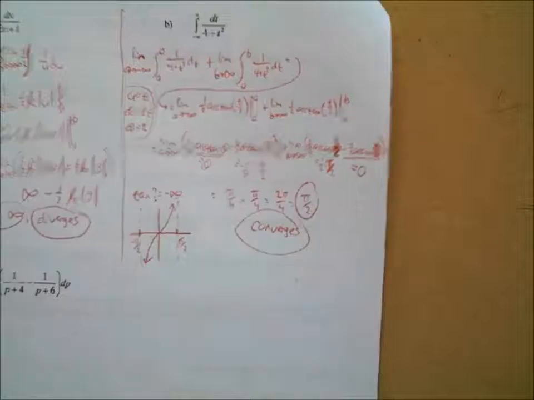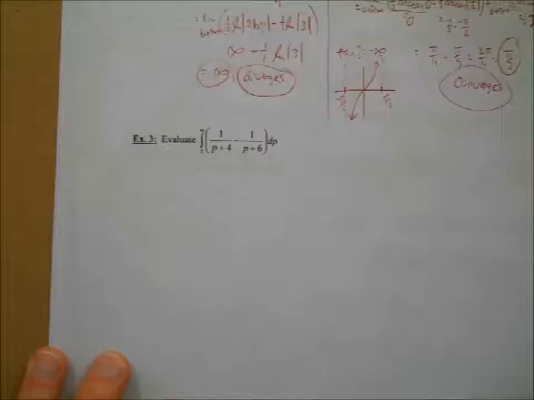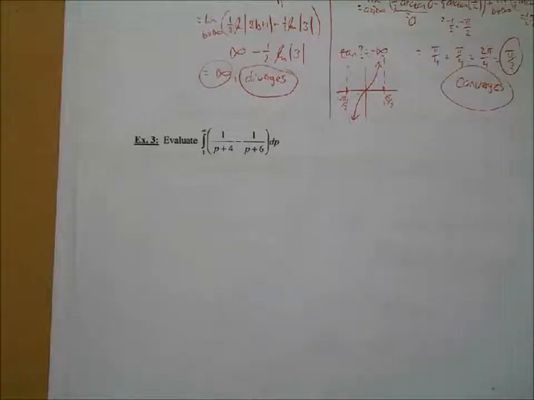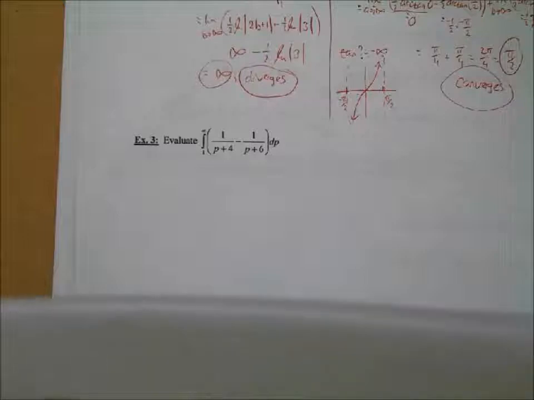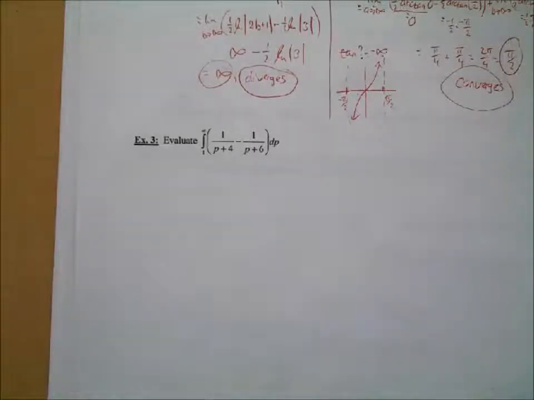All right, let's take a look here at this next one. So here we want to evaluate the integral from 1 to infinity of 1 over p plus 4 minus 1 over p plus 6. Again, we have to write our limits out.